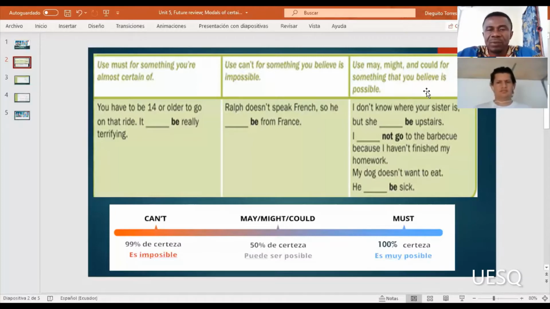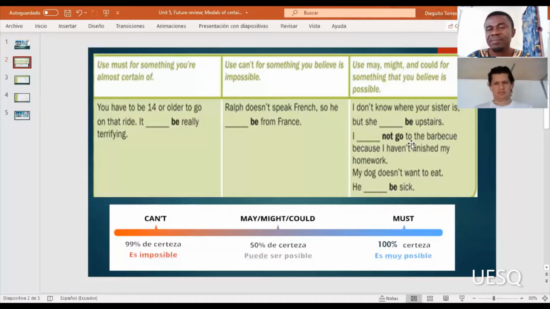For example, I don't know where your sister is, but she may be upstairs. Or, I don't know where your mother is, but she may be in her bedroom.